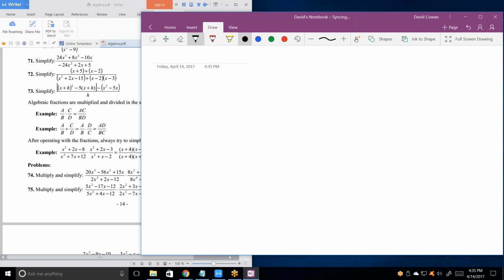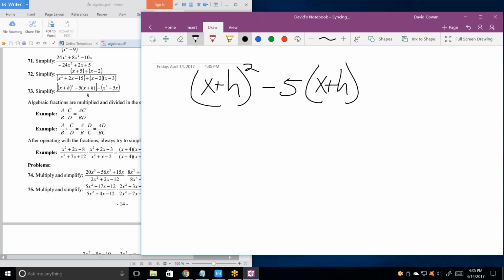Well, 73 looks really complicated, and there's a reason why it looks this complicated. I think. Let's simplify and see what we are looking at.